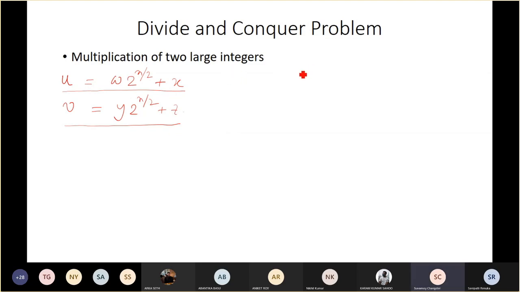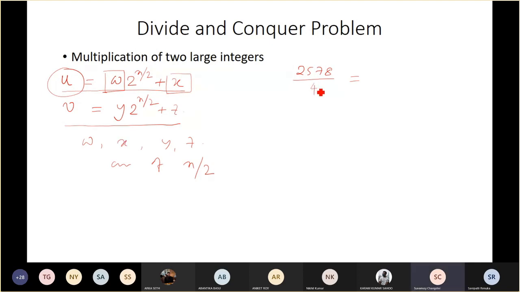So let us consider a decimal number, let 2578. Okay. So what is the length of this? 4. I forgot to mention that w, x, y, z are of length n by 2. If u is an n digit integer, then w is n by 2 digits, x is n by 2 digits.